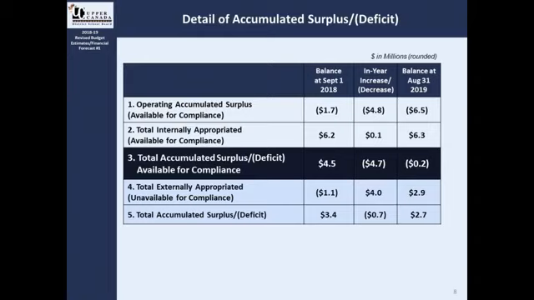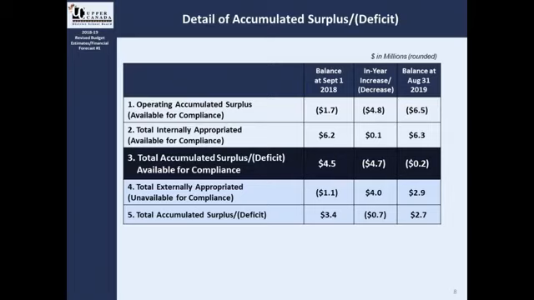A surplus balance would represent what is available to address any in-year calculated deficit for compliance purposes. The projected negative amounts related to the in-year change, 4.7 million in the second column there, and the ending balance of 200,000 in the third column, again, to show that impact of the arbitration.